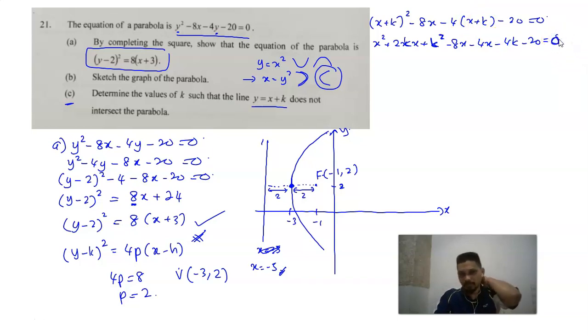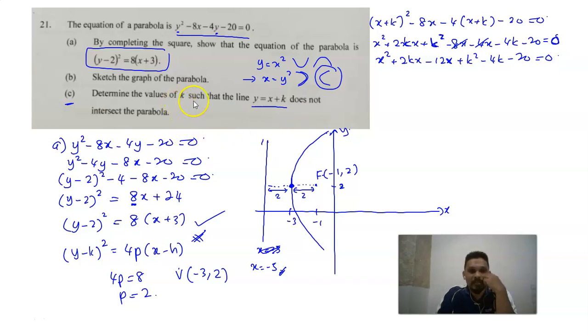Okay, look at this one now. There's only one x squared here, and the x terms are all power of 1. So x squared plus 2kx, negative 8 minus 4 is minus 12x, then k squared minus 4k minus 20 equal to 0.